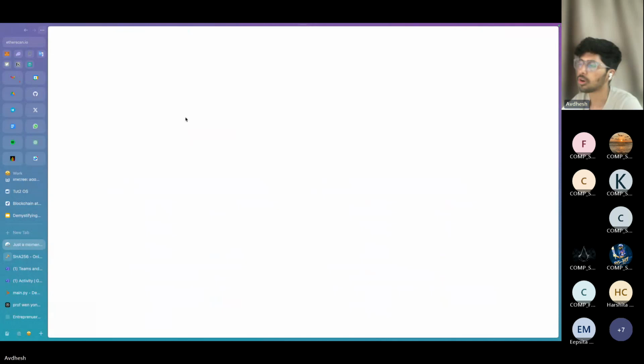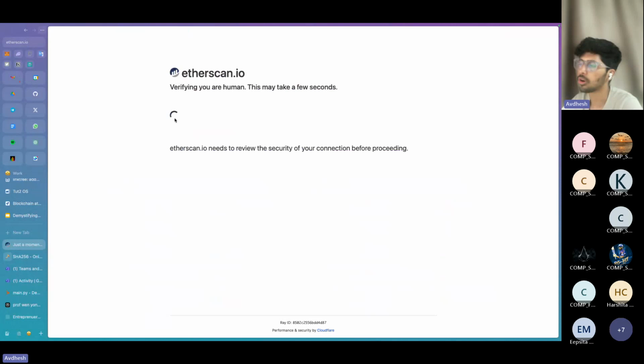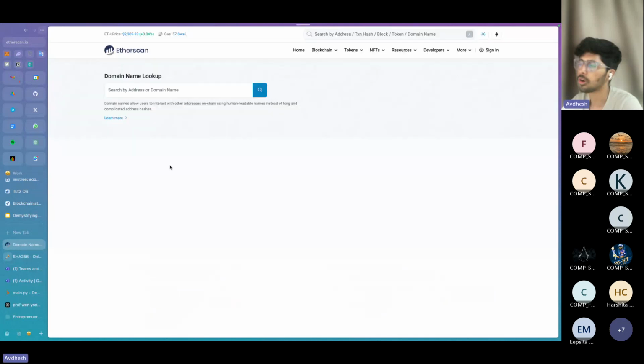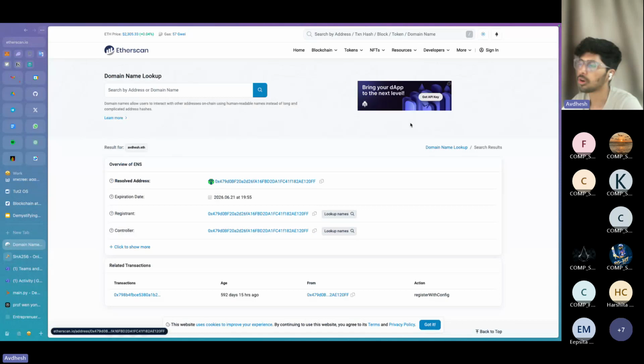As you can see, it's taking a while. Yeah. Since I already own Avdesh.eth, it's attached to my main account. So you can assume that this is my legit account.